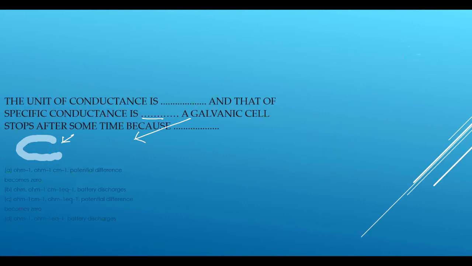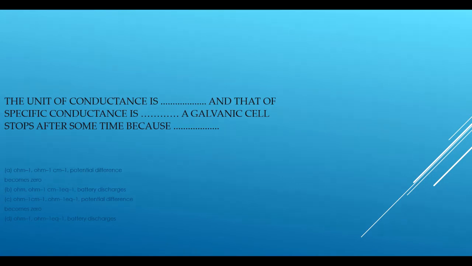In the next case we have the question: the unit of conductance is dash and that of specific conductance is dash. A galvanic cell stops after some time because... If you go for the options, you can see the first option, ohm inverse is the unit of conductance.